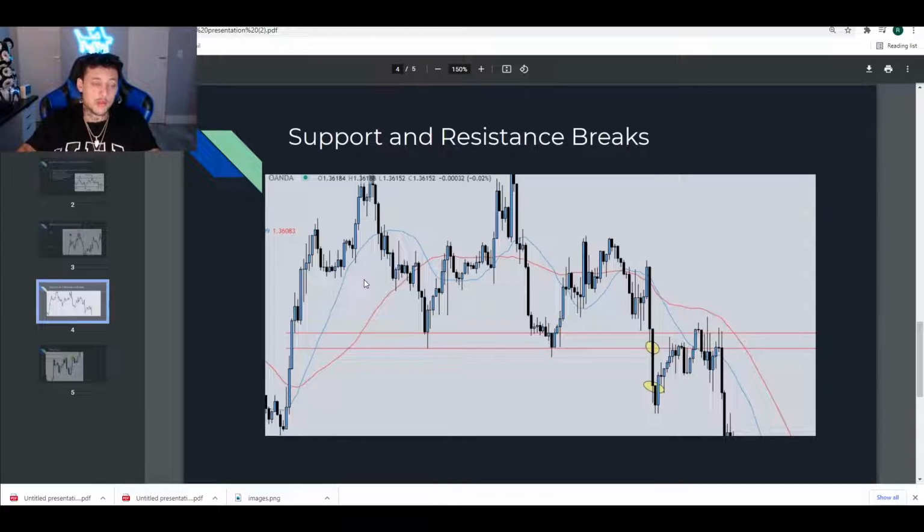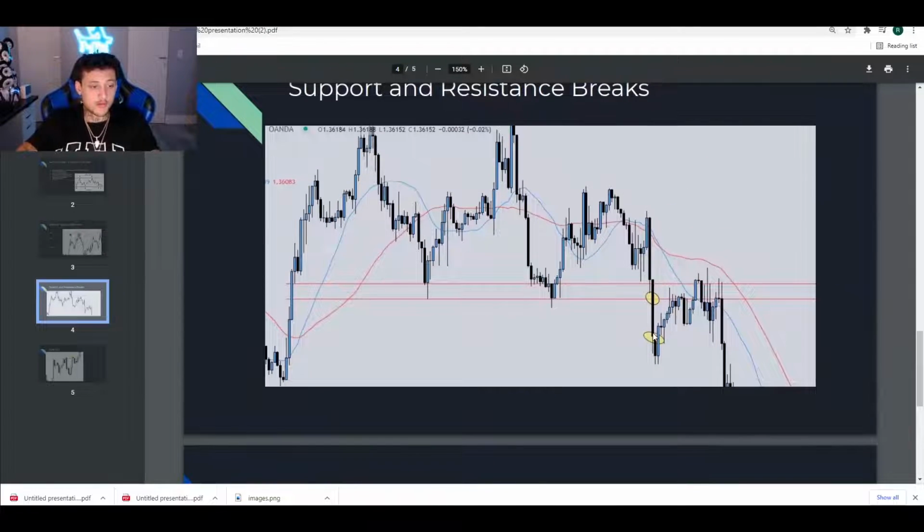Now, let me show you guys what a broken level of support and resistance looks like. So like I was saying previously, support and resistance is an overall zone. So I drew my level from the close of this bullish candlestick here, the lowest close, to the lowest low here, which is this wick here. Notice how we had some consolidation here, and then price ended up coming back down and then rejecting and moving the opposite direction.